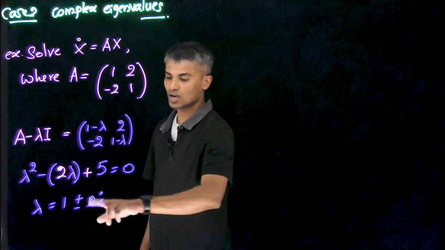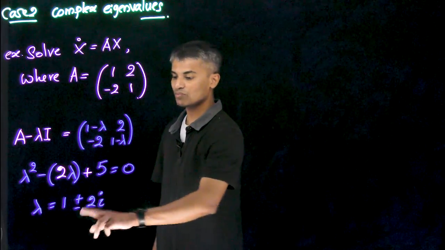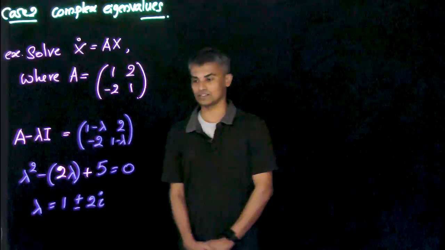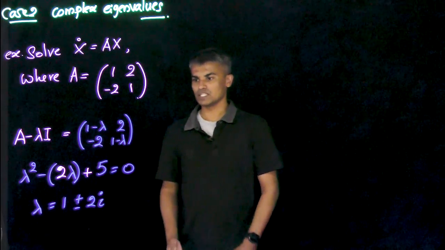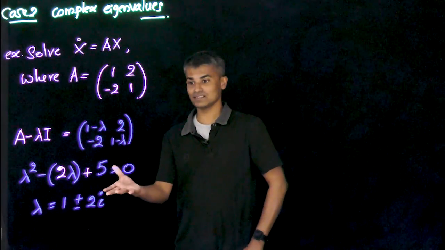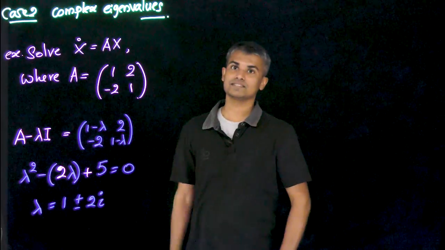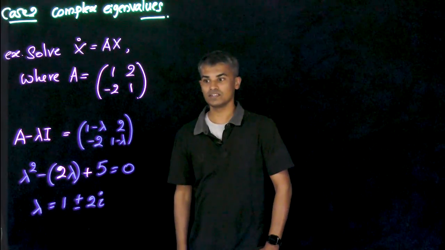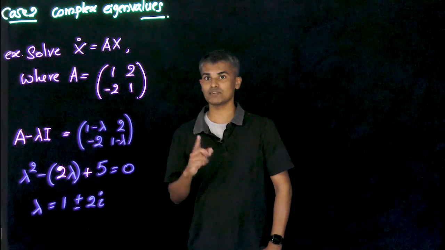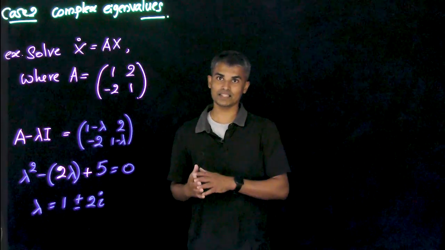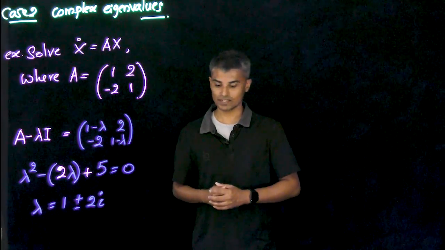If 1 plus 2i is a solution, then 1 minus 2i must be the second solution. Now even though this looks complex, it is very easy to solve the corresponding system of differential equations. What you need to do is consider one eigenvalue and find the corresponding eigenvector.